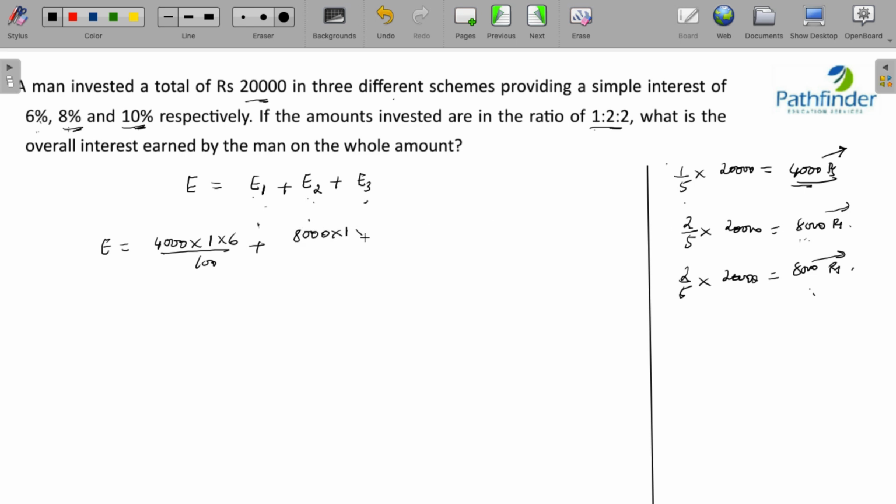So 8,000 into 1 into rate of interest is 8. And earning 3 is simple interest for 1 year at 10% per annum.